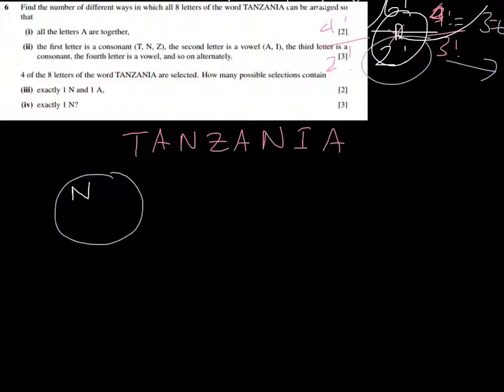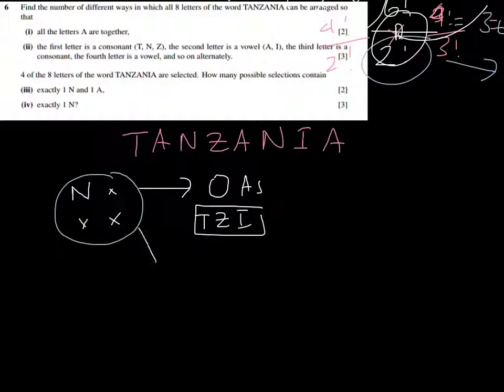So I need 3 more spaces in there, okay, so I can either have no A's, and so the rest can be T, Z, or I, so that would be 3 that I'm selecting.